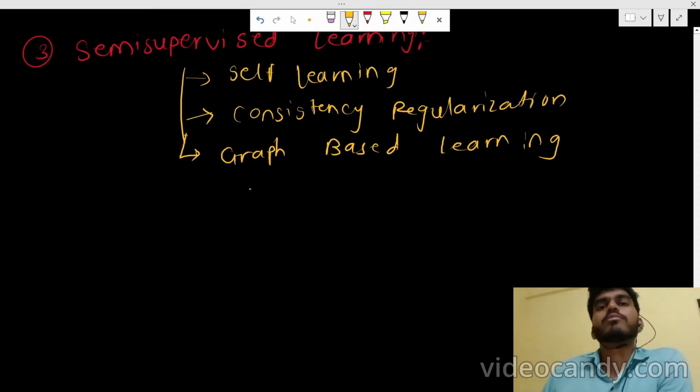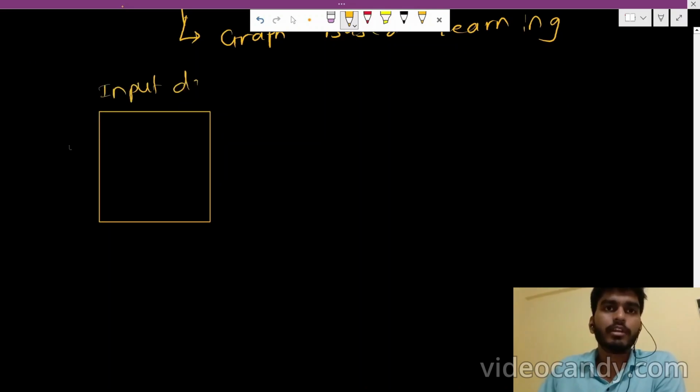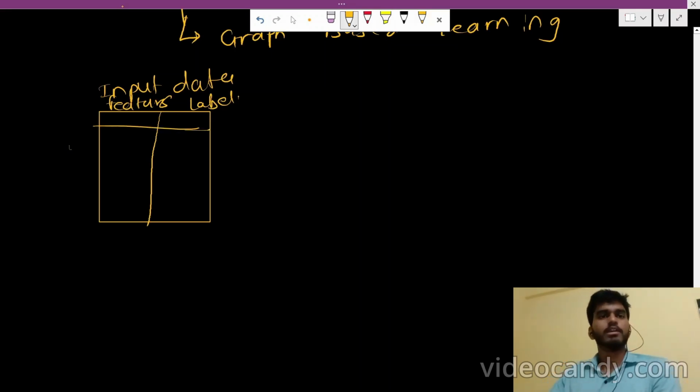Let me give you a simple example of how semi-supervised learning works. You have input data which contains features and labels, in the sense of output.